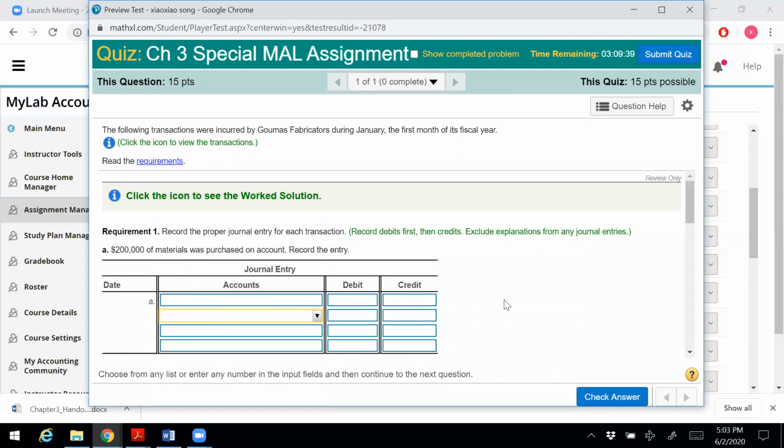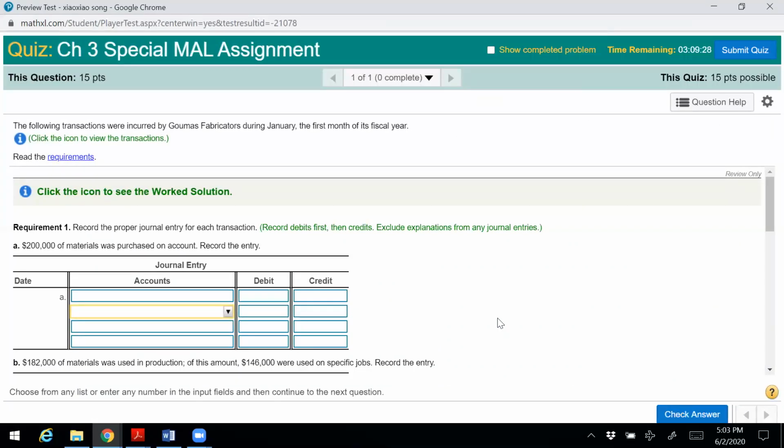One thing I do not like about My Accounting Lab is that you have to follow their format, okay? Especially for journal entries or some calculations, because my philosophy is if students understand the logic, they should get partial credit at least.